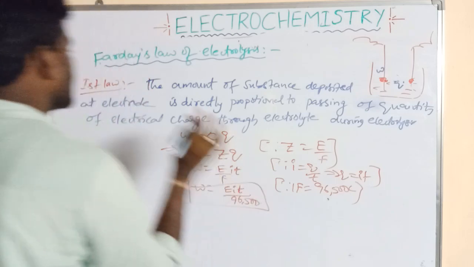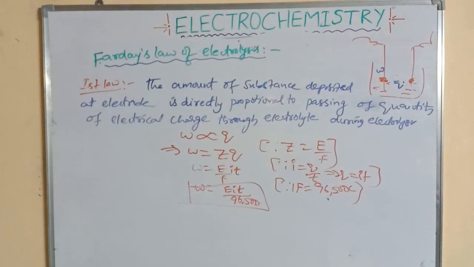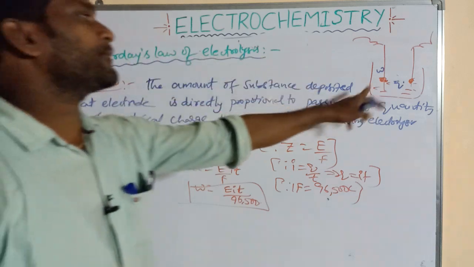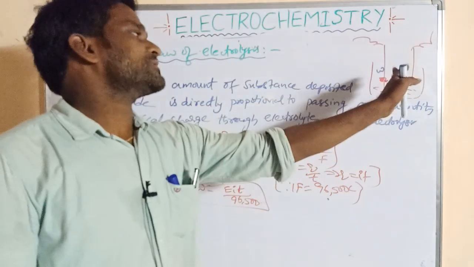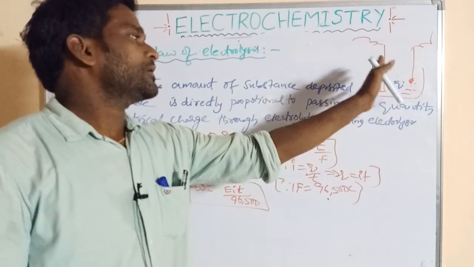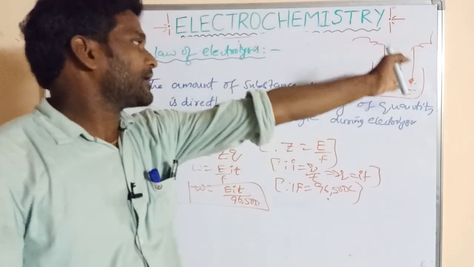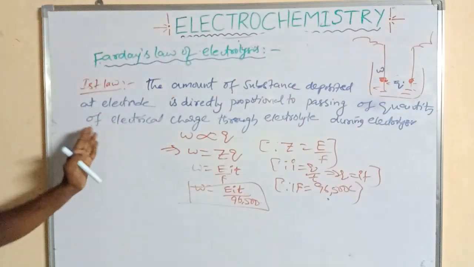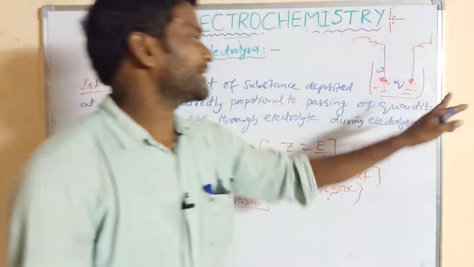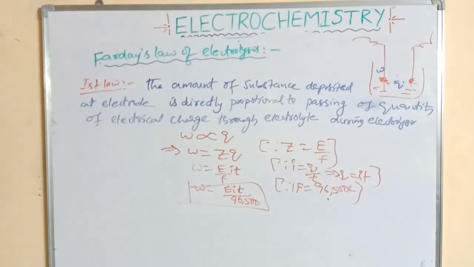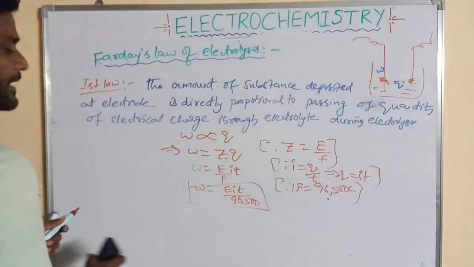So this is the Faraday first law. The amount of substance deposited at electrodes is directly proportional to the quantity of electrical charge passed through the electrolyte during electrolysis. This is known as Faraday first law. This is the formula of Faraday first law.